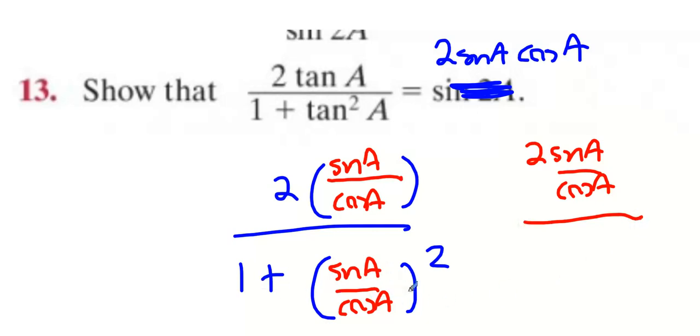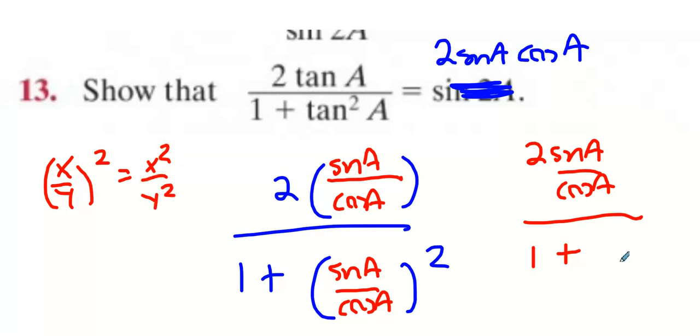What happens when you square out a fraction? If I square x over y, it turns into x squared over y squared. So what do you think this turns into? Sine squared A over cos squared A. Go with that?